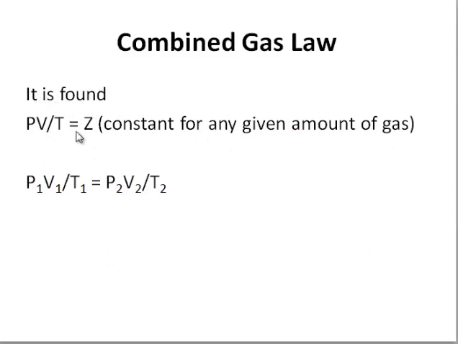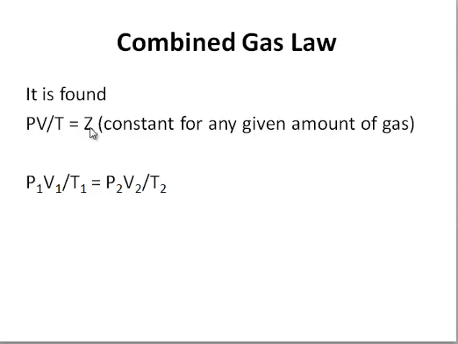For any given amount of gas, and we've been assuming throughout all these gas laws that we're talking about a given amount of gas that stays the same throughout the process, PV over T, pressure times volume over temperature, is a constant.